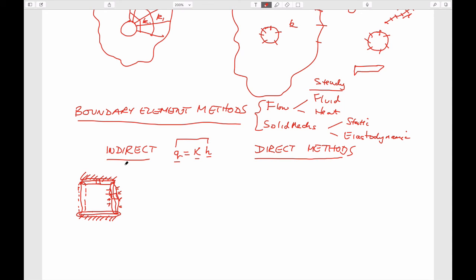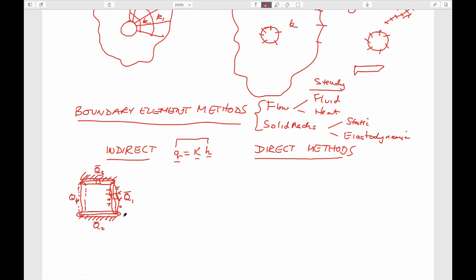And so the indirect method is called indirect because it figures out exactly what the strength of this source would have to be at each of these points so that it directly matches the boundary conditions that we have at each of these four locations as well.